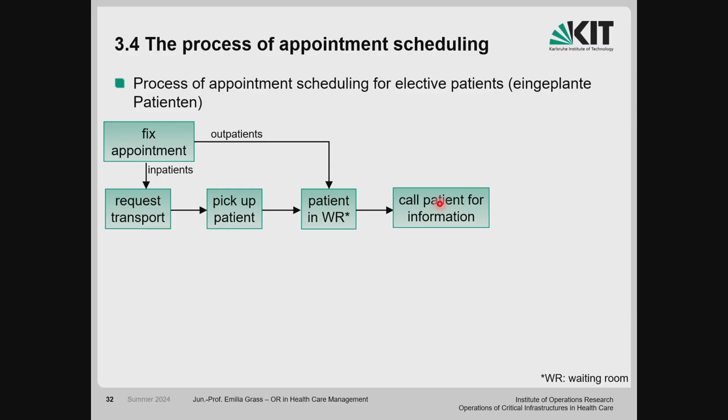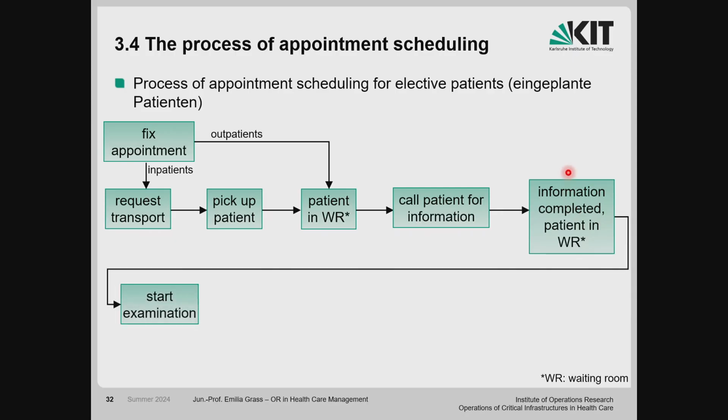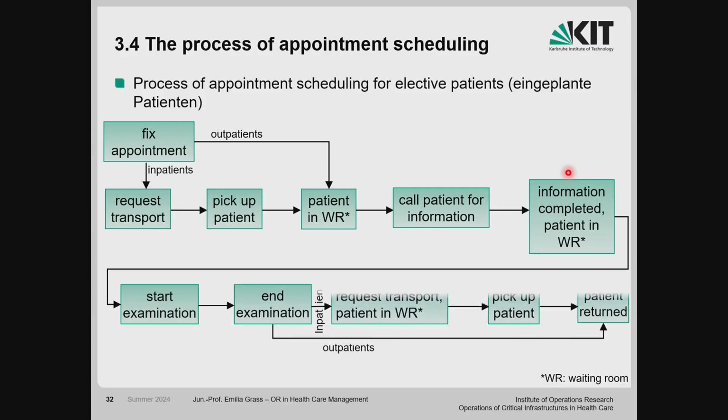So basically patients are informed about the risks of the scan, what they have to do, they have to sign documents and so on. Then they are sent back to the waiting room. They have signed everything, and then the treatment can start. The MRI scan is done, and they can leave again.